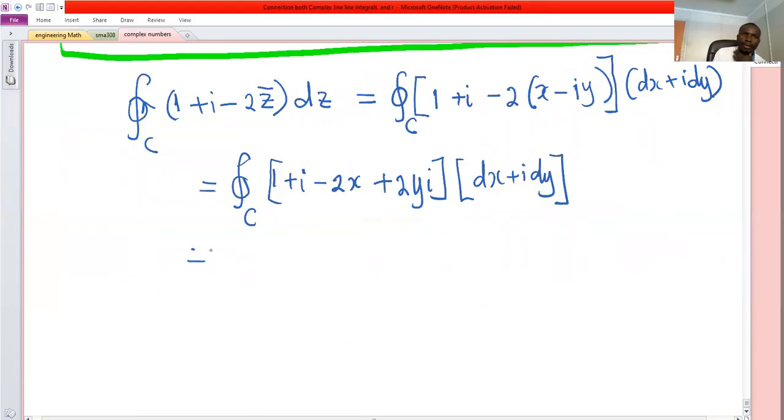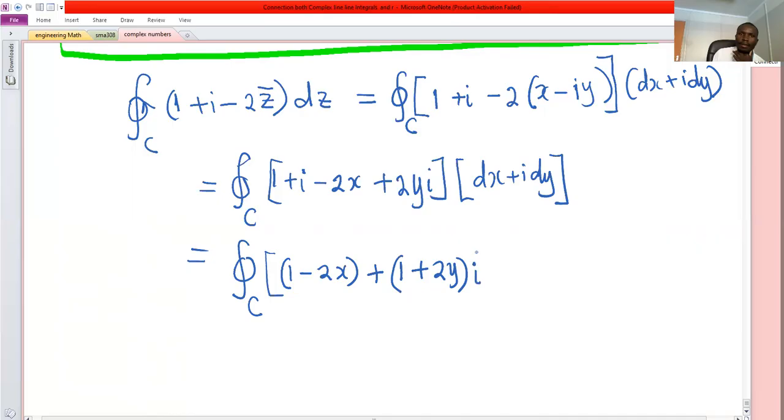So which will be the integral of (1 − 2x) plus (1 + 2y) i, times dx + i dy.